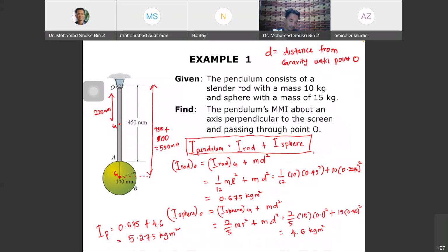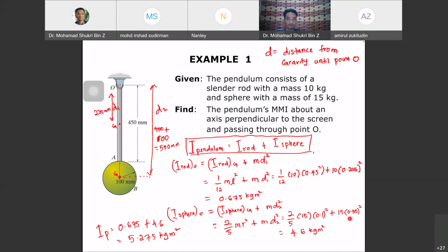So this is D and this D1. Okay. So this is D1, and this is D number 2 lah. Distance from gravity until point O.